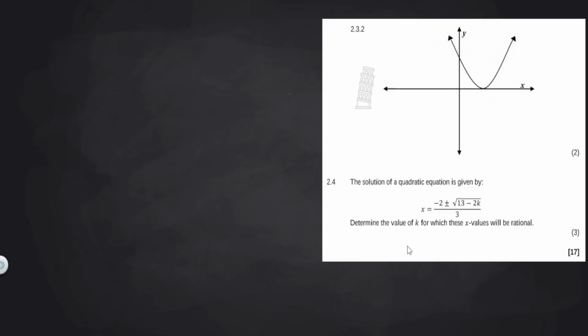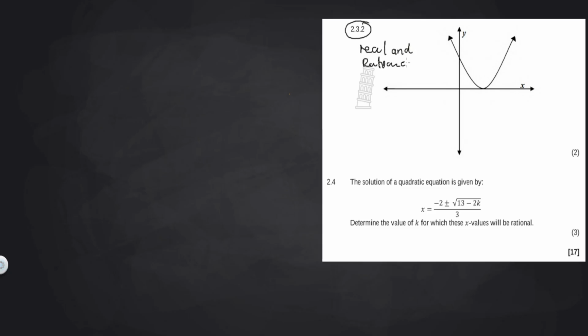Now we have this. Let's proceed to the next part of the question. Again, we are still discussing the nature of the roots for this function. So the nature of the roots are gonna be real and rational.